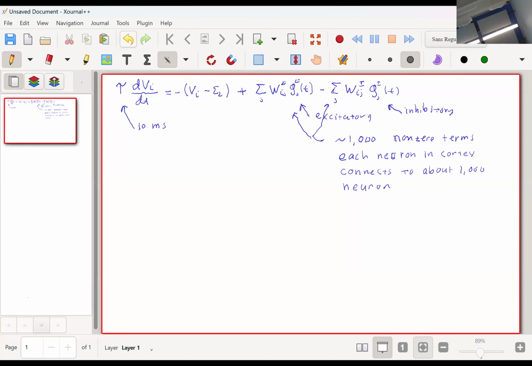You have 100 billion neurons in your brain, and each one connects to a very small fraction of the other neurons.